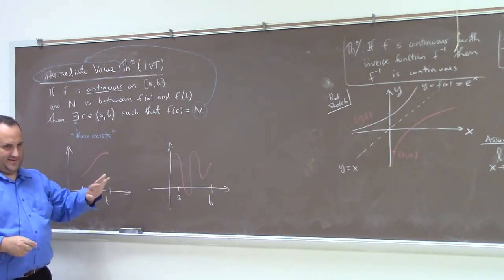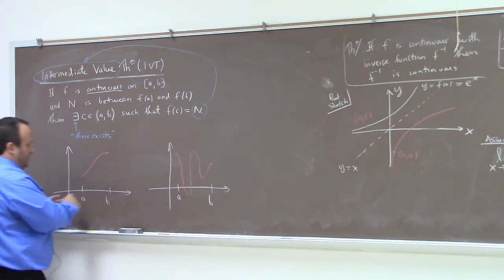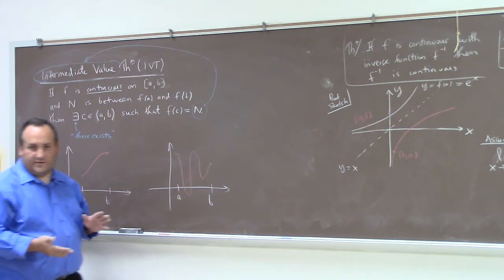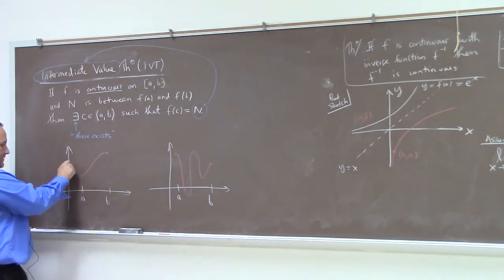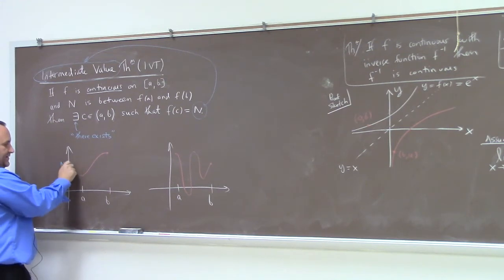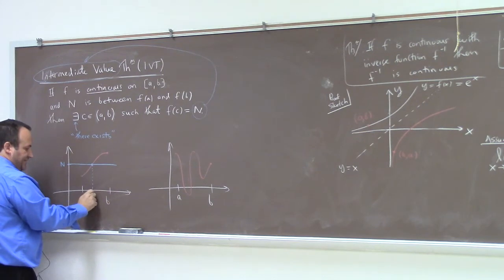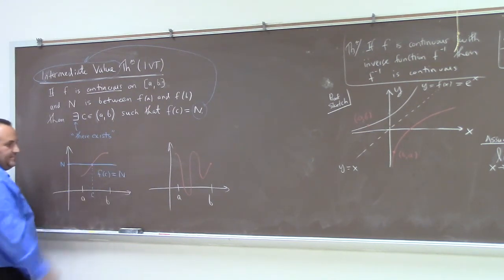I know it's a little sketchy, but the point is, here are possible graphs. What does n look like? Y equals n. Could be like here, right there. That's the C such that f of C is equal to n.